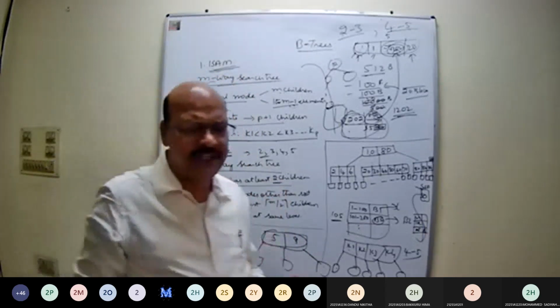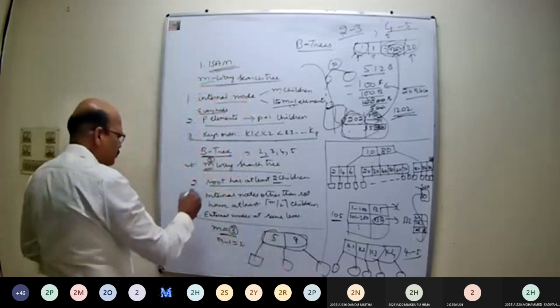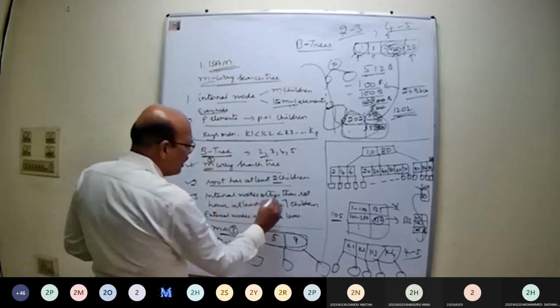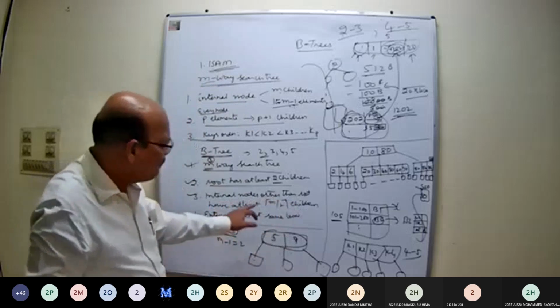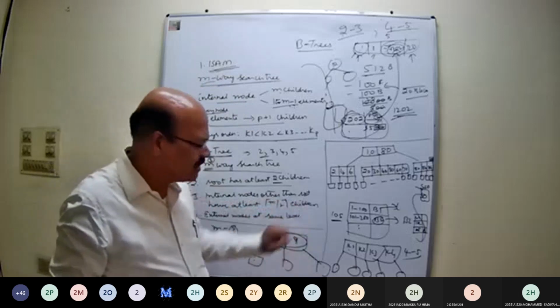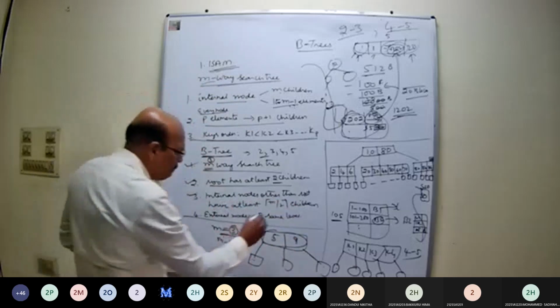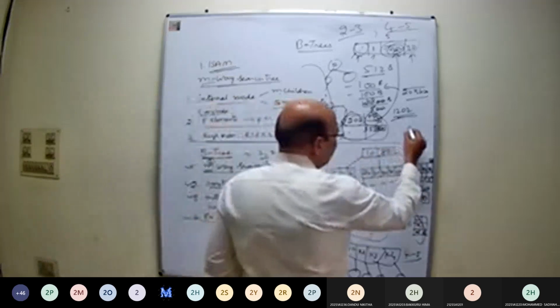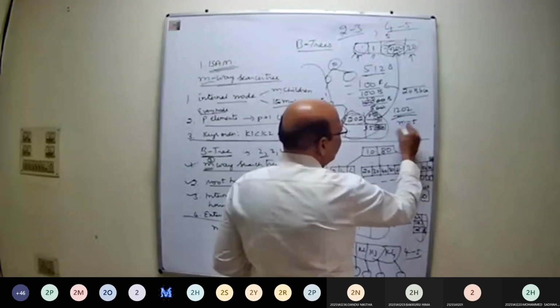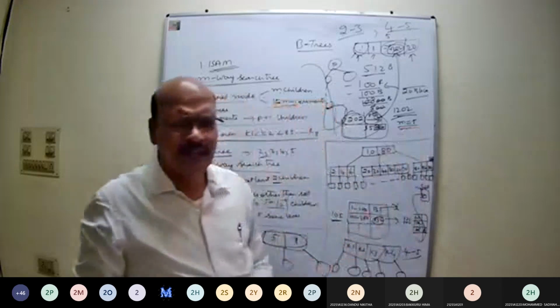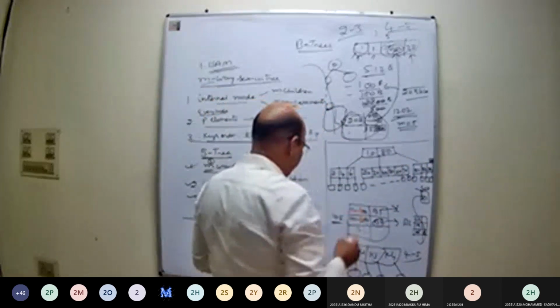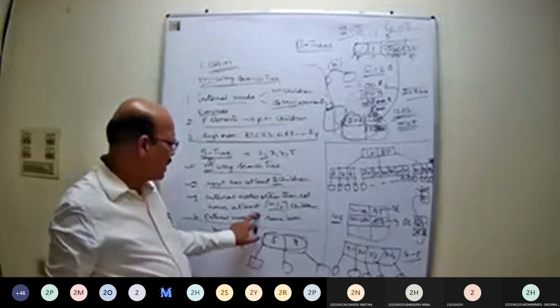That is one thing. And internal nodes other than the root have at least ceil of m by 2 children. Suppose I take m as 5, in a 5-way search tree, all internal nodes, how many keys should they have?